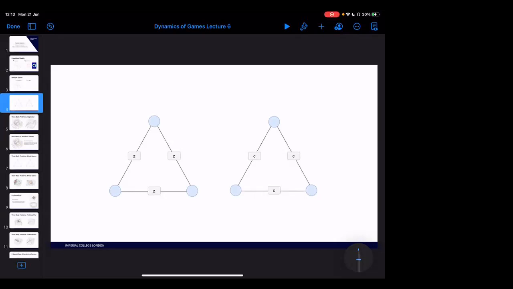So let's have a look at this particular 3-body problem, right? There are 2 examples here where we have 3 agents in the network. And the first is what's called a ZZZ game, for pretty obvious reasons, where essentially along each of the edges of this network, the agent is engaged in a zero-sum game, right?